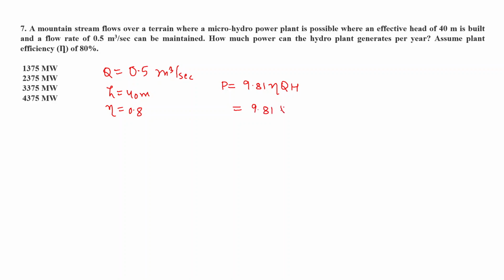So it will be 9.81 into 0.8 into 0.5 into 40. Calculate and tell me.